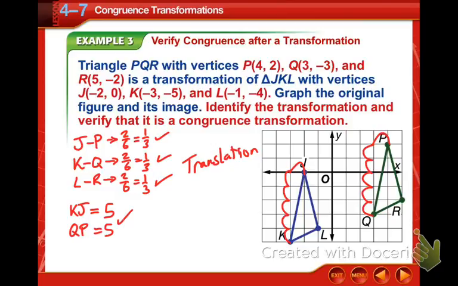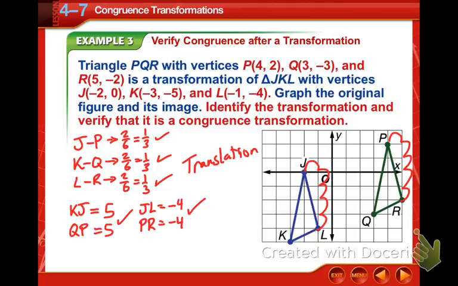Well, let's look at J to L, or L to J. So JL and PR. These need to be the same as well. So L to J goes up 1, 2, 3, 4 over to the left -1. And R to P, 1, 2, 3, 4 to the left -1. So far so good. We have a -4, -4 for those two.